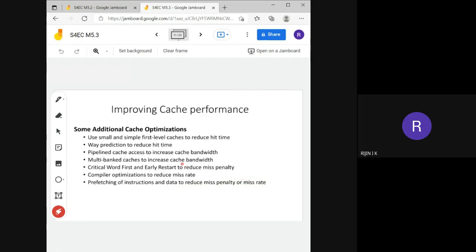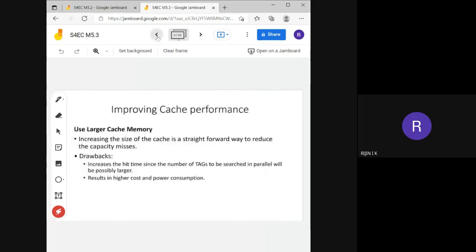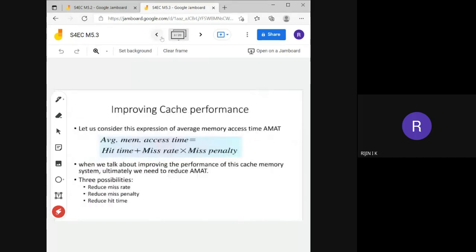These are some additional optimization techniques; you just need to remember these terms. These are all the techniques for improving cache performance.